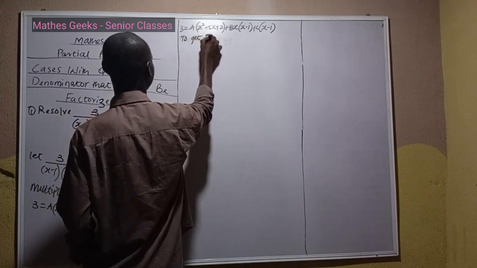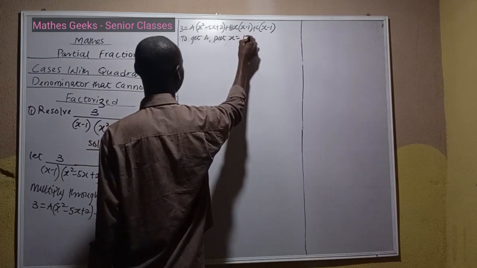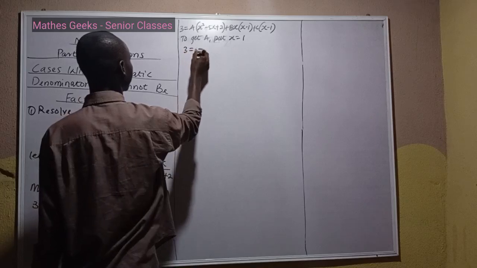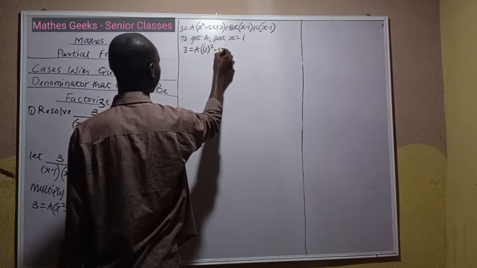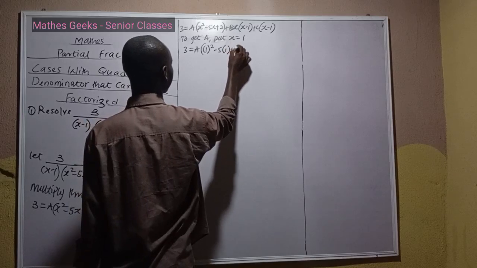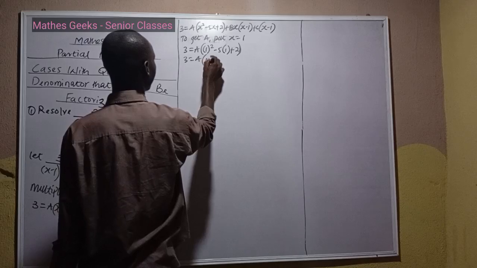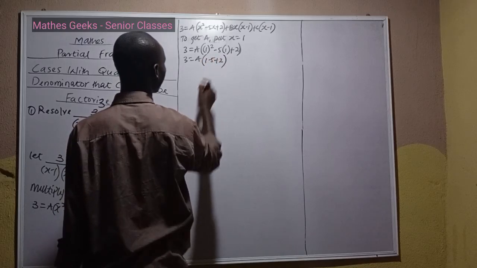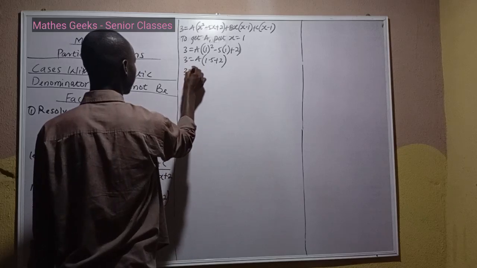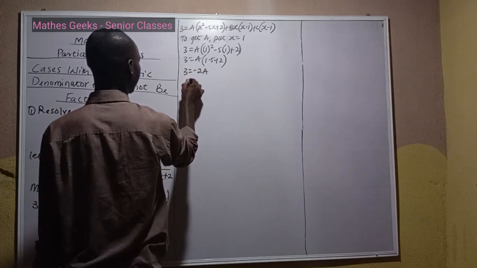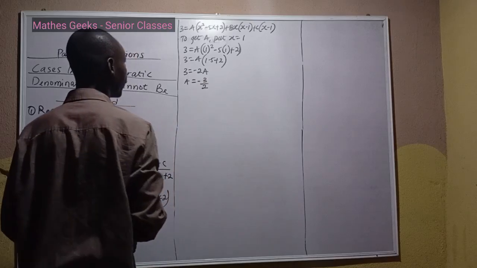To get a, we put x equals 1, so 3 equals a times 1 squared minus 5 times 1 plus 2. This gives 3 equals a times 1 minus 5 plus 2, which is minus 2a. So a is equal to minus 3 over 2. That's the value of a.